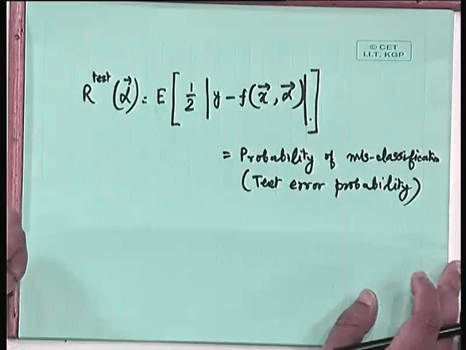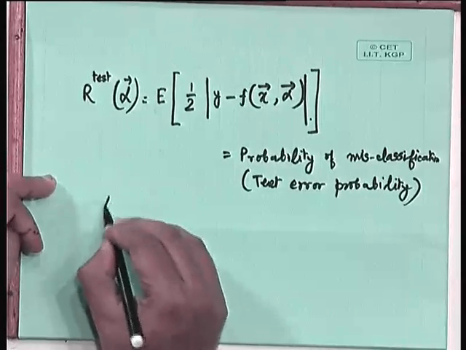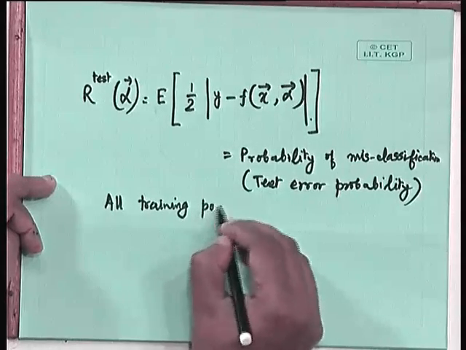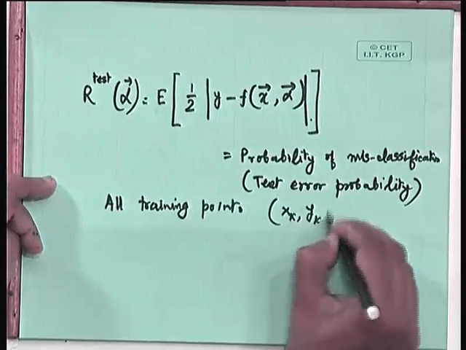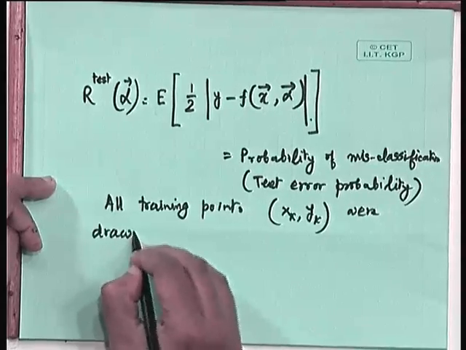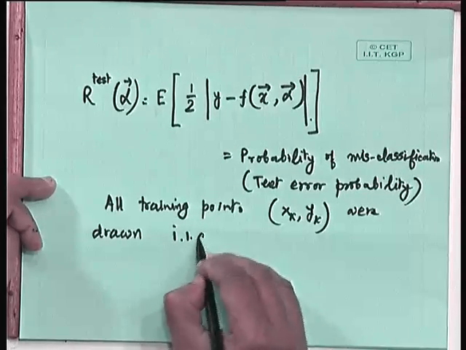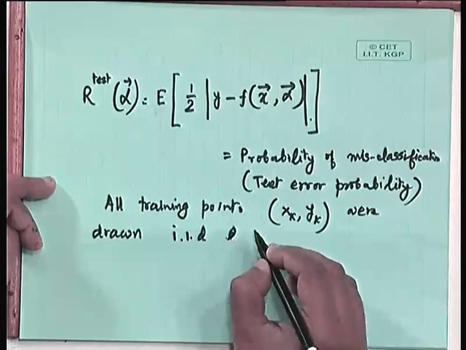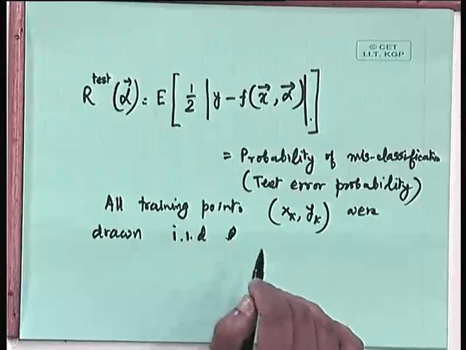Now, let us assume that all the training points, that is the set of xk, yk, were drawn as identically independent distribution, so IID distribution. Then also the future test points will be taken from that same IID.